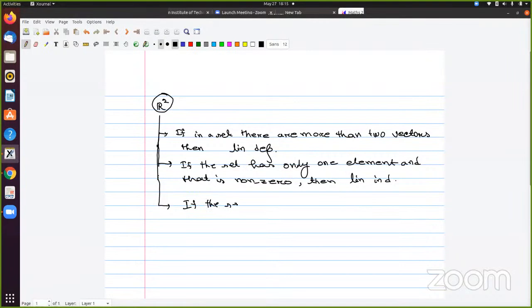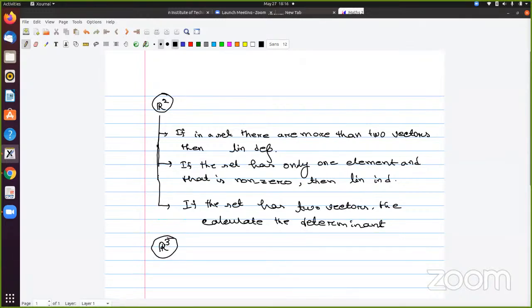If the set has two vectors, then calculate the determinant, since it will become a 2 cross 2 matrix. So R2 is sorted. If either of the two vectors is the 0 vector, then it will be linearly dependent. If a 0 vector is present, anyway it will be linearly dependent.